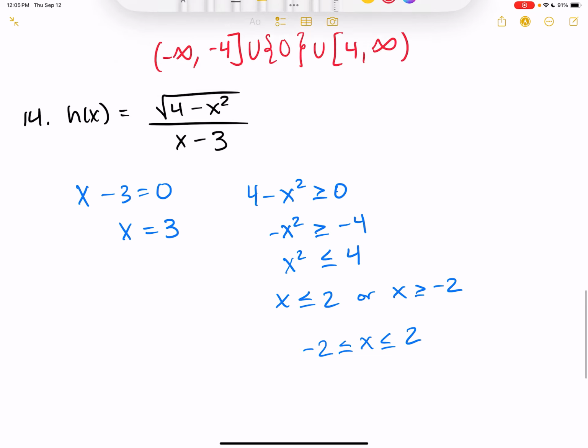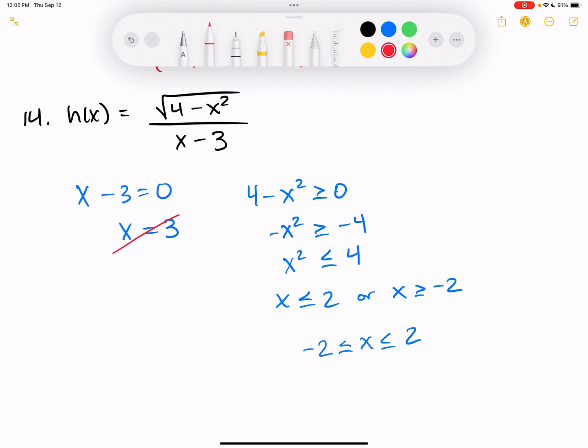So in this case, this x equals 3 isn't going to matter because my constraint is stricter off of the top. So my domain for this one is going to be from negative 2 to 2. If it was negative 4 to 4 instead, then I would have to do negative 4 to 3, union 3 to 4, if it was written differently.